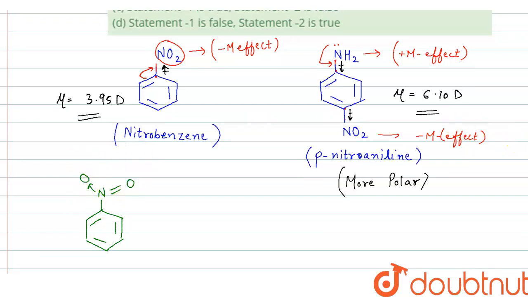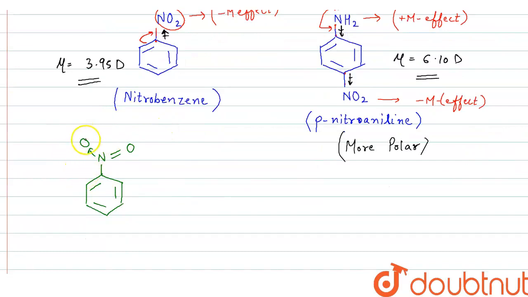This is nitro group. In the nitro group we have a double bond between nitrogen and oxygen. Now the pi electrons of this double bond are transferred to the oxygen atom, and the pi electrons of the ring are transferred here.